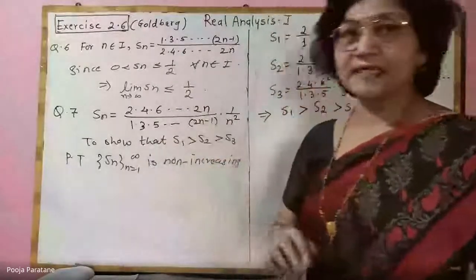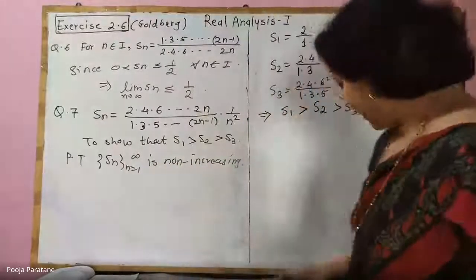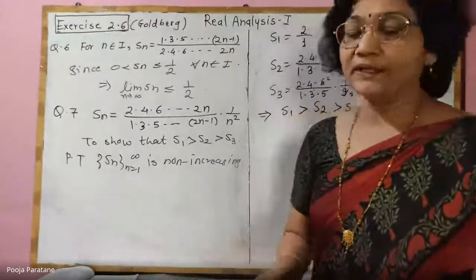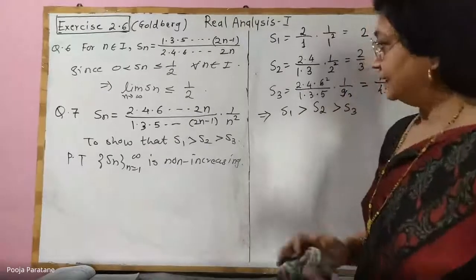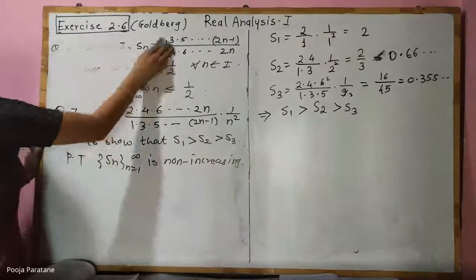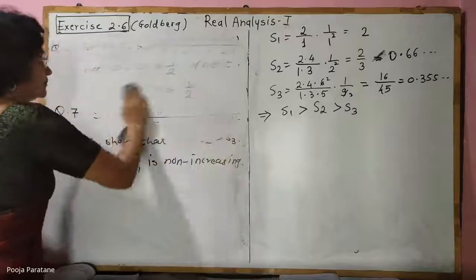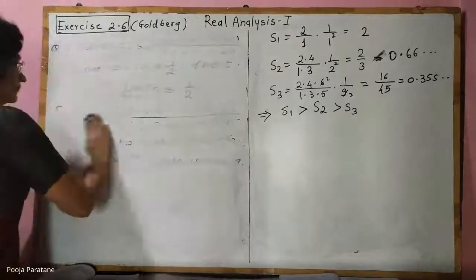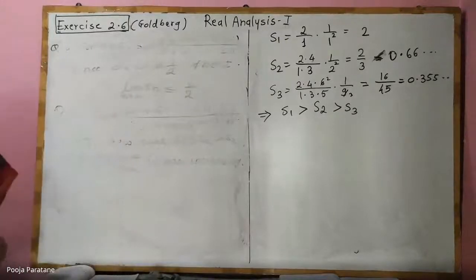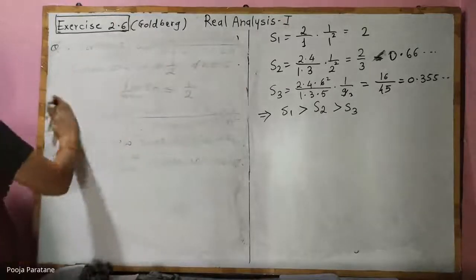Now let us go to the second question, that we have to show that Sn is non-increasing. The same way we will do that, we will consider the ratio test, that is Sn plus 1 upon Sn. If it is less than 1, then it is non-increasing. Let us consider here Sn.